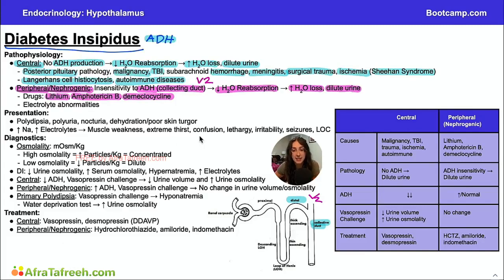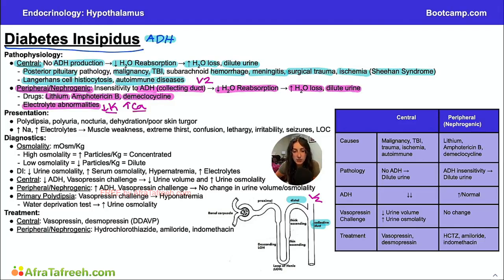And because it has this function of decreasing the sensitivity of these V2 receptors to antidiuretic hormone, it's very useful to treat SIADH, but can also cause diabetes insipidus. Finally, certain electrolyte abnormalities can also lead to diabetes insipidus. Specifically, hypokalemia or hypercalcemia can lead to a lower responsiveness to antidiuretic hormone and sodium reabsorption.